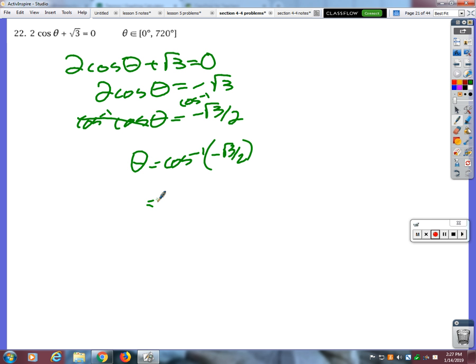You got 150? Okay, and the inverse cosine is plus minus, right? So you have to go plus or minus 150 plus 360. Okay?